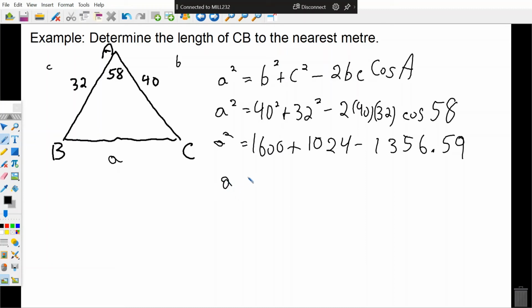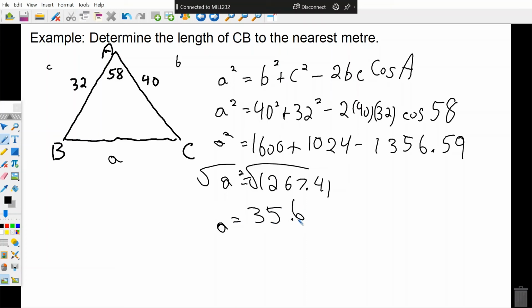We're getting A squared equals 1267.41. And you're going to have to take the square root. A is 35.6, which, if we're rounding to the nearest meter, would be 36 meters.